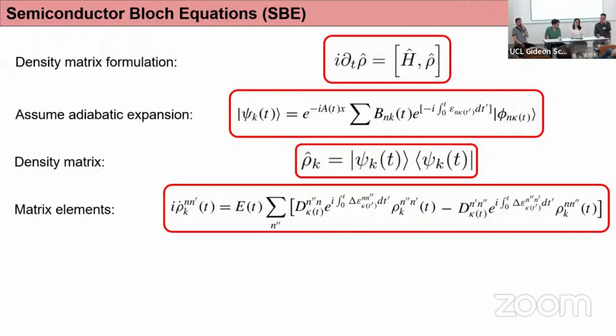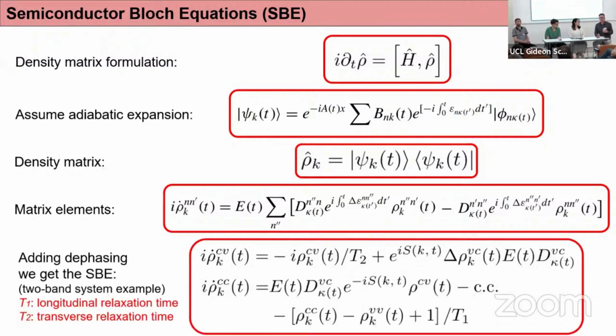At this point, the equation that you see here is completely equivalent to the single active electron TDSE, but the semiconductor Bloch equations also imply including two additional parameters, which are two relaxation times. One is named T1, which describes the decay of the population of the states, and the other one is T2, which deals with the decay of the coherences, right?